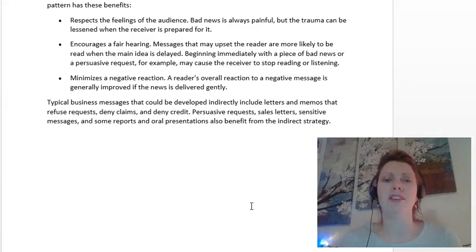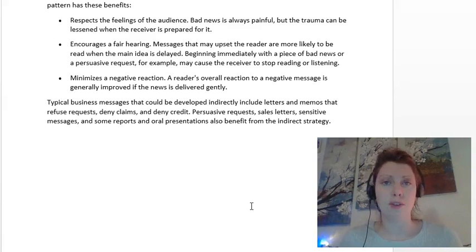So typical business messages that could be developed indirectly include letters and memos that refuse a request. So if you have to write back to a customer or a client and say, no, I'm sorry, we're not going to accept this or do this, or we don't carry this, or whatever it may be, you probably will want to use the indirect approach because you have to justify why you're not doing it.